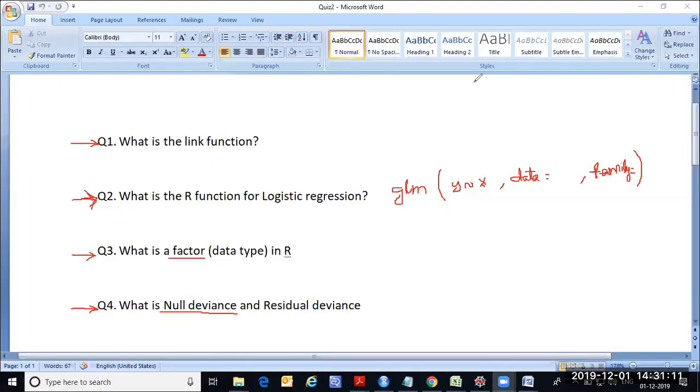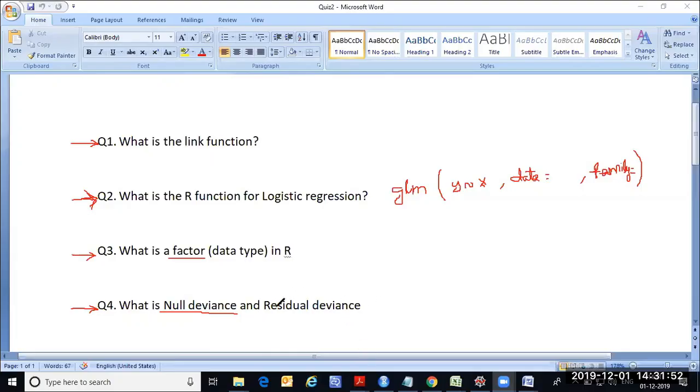What is null deviance in logistic regression? It's the error term that's built using only the intercept value. If you consider only the intercept value in your logistic regression equation, null deviance represents the error term by considering only the intercept value.